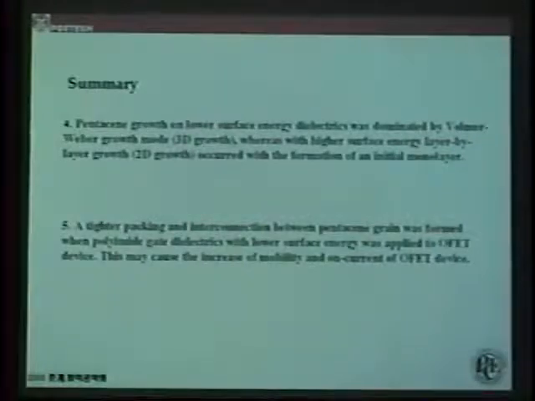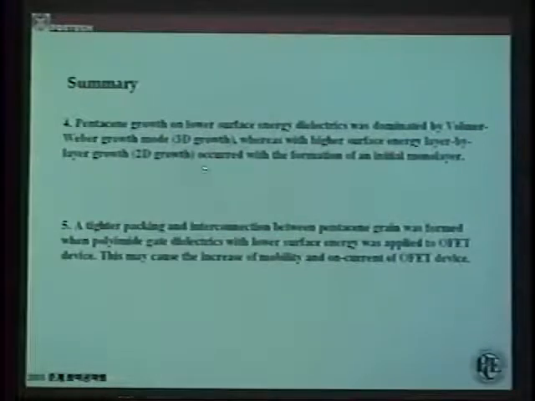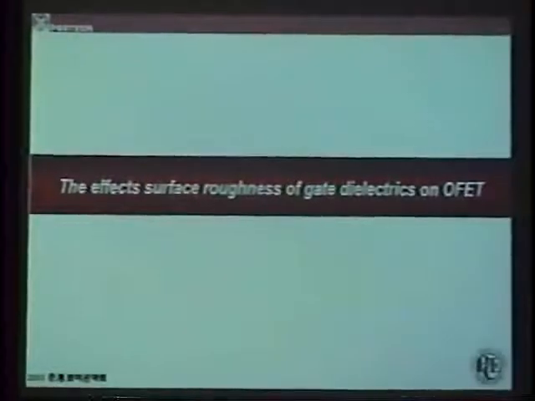Some disconnected parts still exist. On top of that, the second layer and third layer are formed. Therefore, the 2D layer, even though it wets easily, still has some disconnected parts compared with 3D growth. So this is the first part, and this goes to the next part.